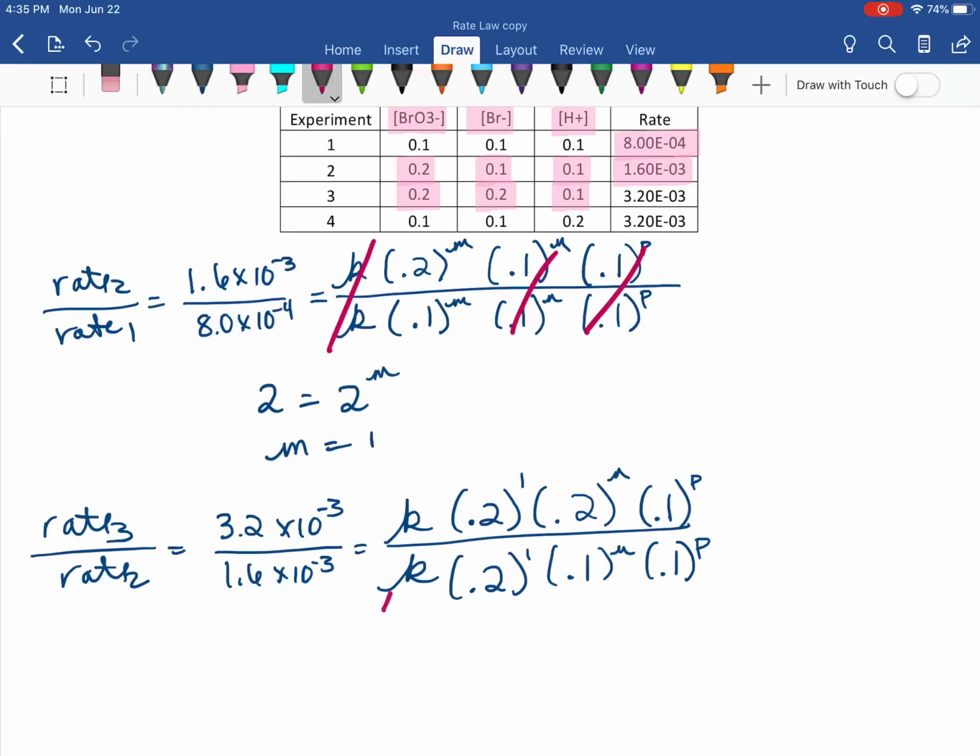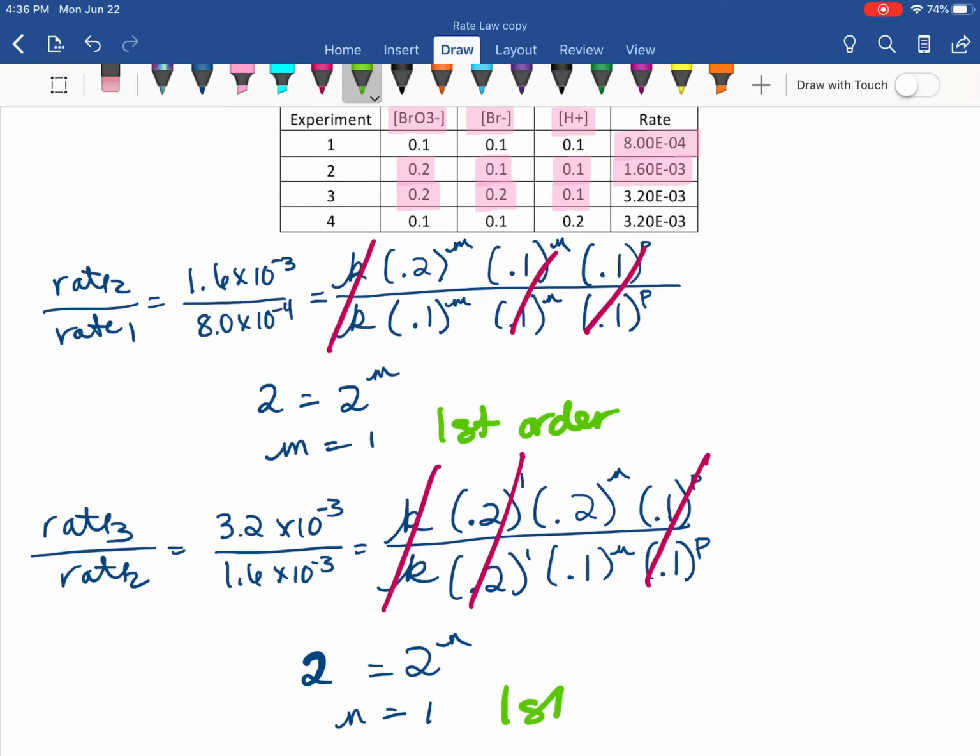So what do we get to cancel out of all of this? Check that out, okay? And again, what we're finding is 2 to the n is 1. Okay, so both m and n are telling us so far first order with respect to that reagent.